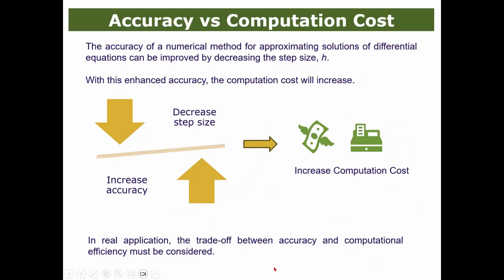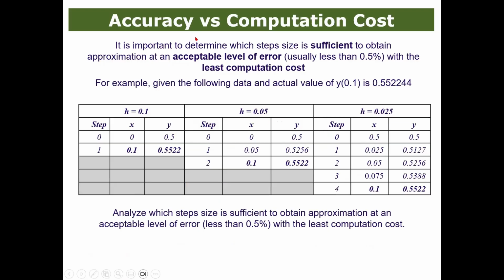So in real applications, we must find the balance between accuracy and computational efficiency. We have to determine which step size is sufficient to obtain an approximation at an acceptable level of error. Usually in engineering, we accept any error that is less than 0.5, but we want the step size to give us the least computation cost, which means a higher step size is better than a lower step size.